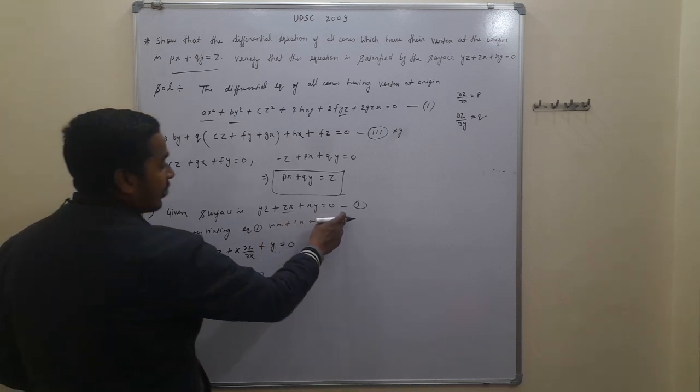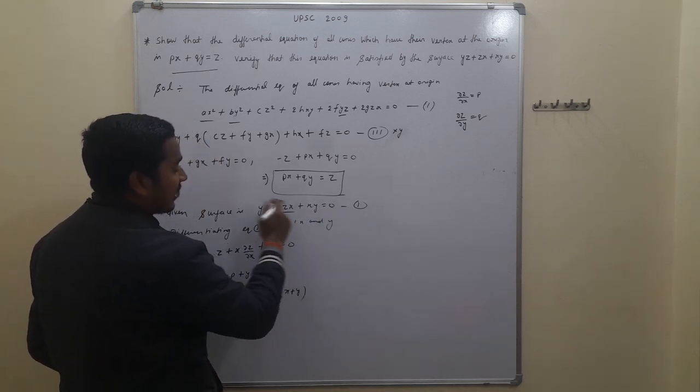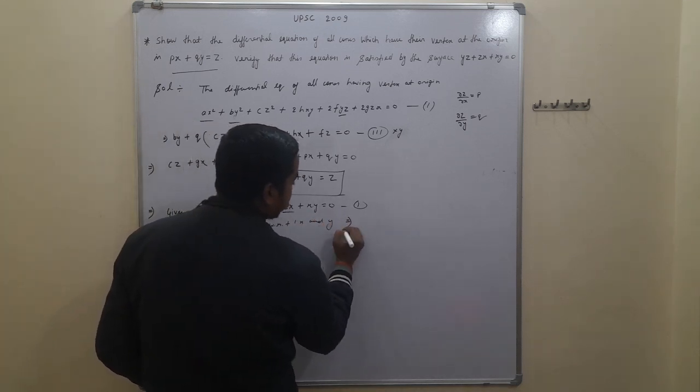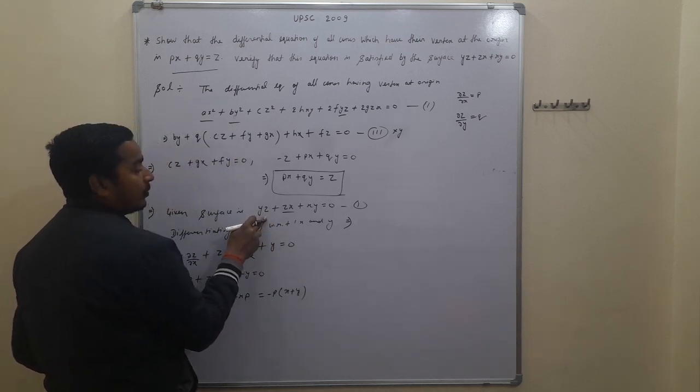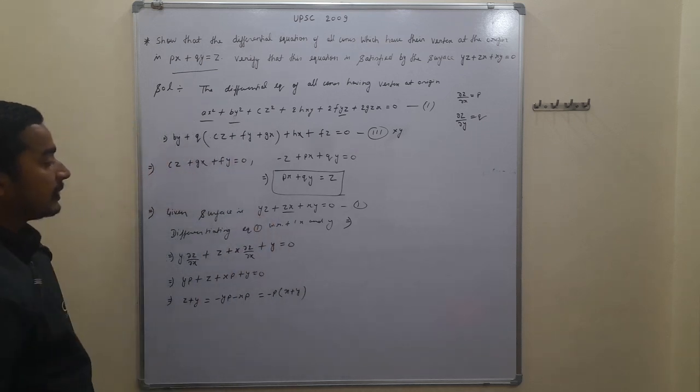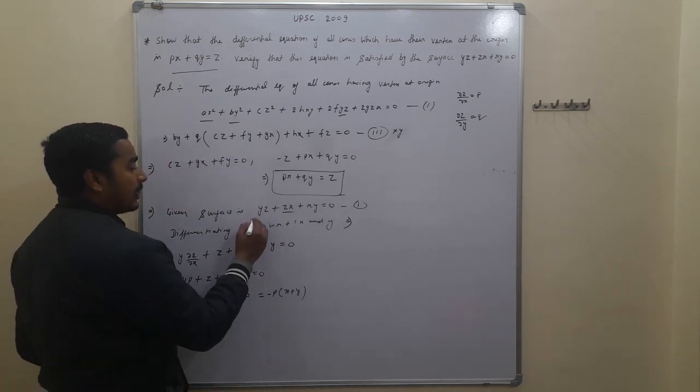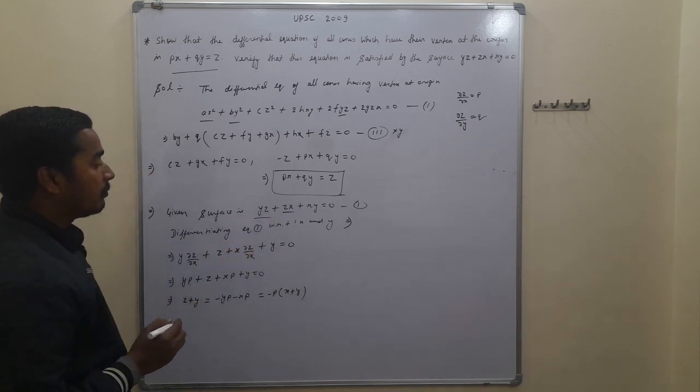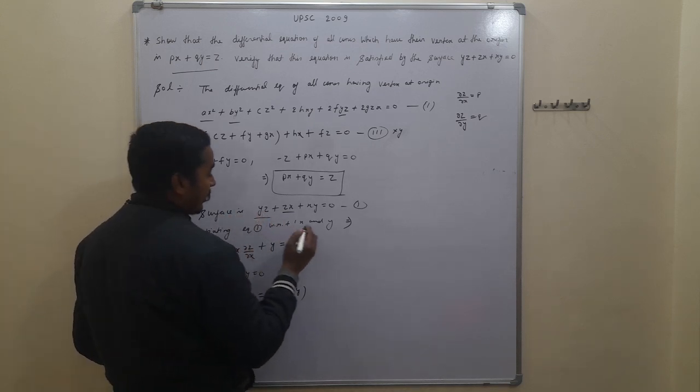Further, we again differentiate equation 1 with respect to y, taking x as a constant. This gives y and z. Here, differentiating with respect to y, z is a function of y, so we use the first-second formula.